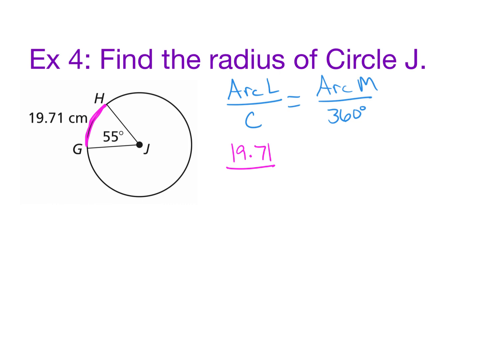Why can't I find the circumference on this one? You know already. Yeah, they didn't give me the radius. Okay. So what should I put there for C? X, because I don't know what it is. You cannot find circumference on this because they didn't give us a radius or diameter. Then what's the arc measure? 55 degrees over the 360.